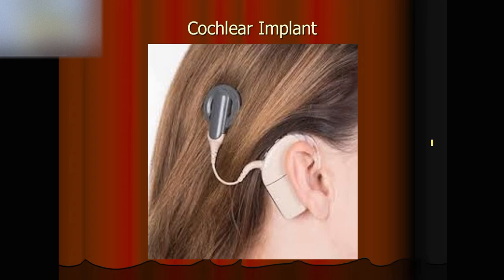For a deaf person, the only choice to recover some part of my hearing is through a cochlear implant. As you can see, the cochlear implant has an external part. The external part includes a microphone here, a speech processor here, and a transmitter that is connected to the speech processor by a cable.